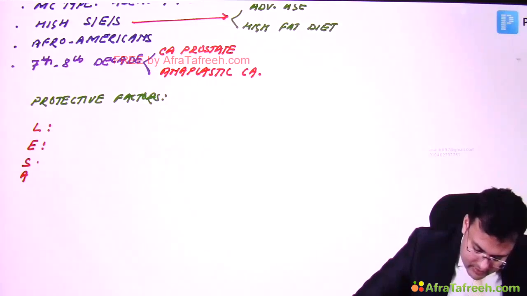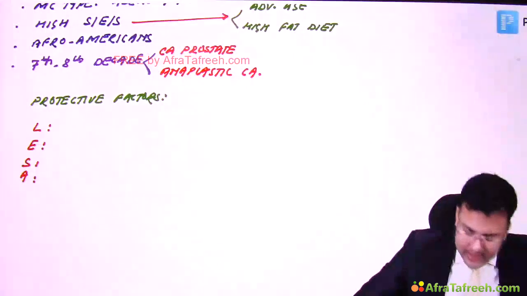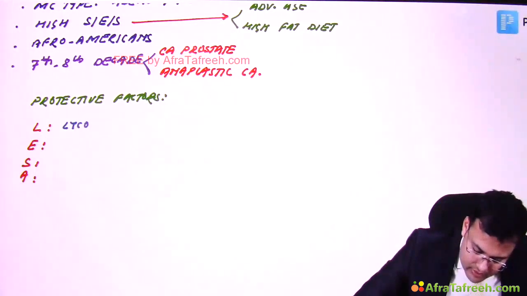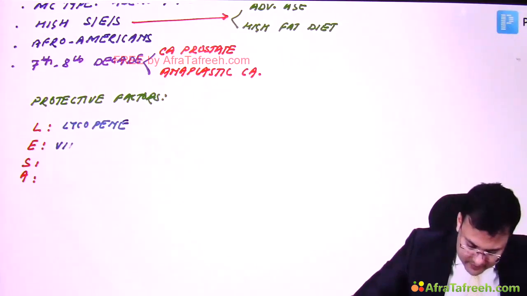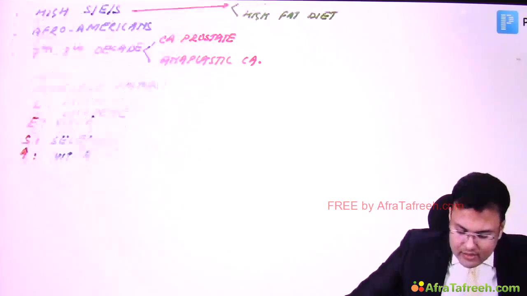Generally, there is increased intake of antioxidants. L is lycopene. Lycopene is in tomato, the rich source is tomato. E means vitamin E. S means selenium. And A means vitamin A. Clear? So these are the protective factors.